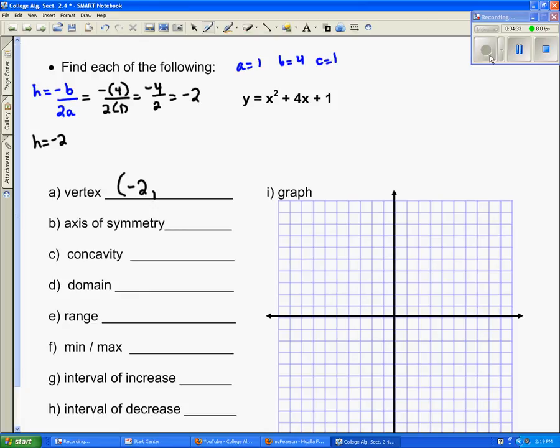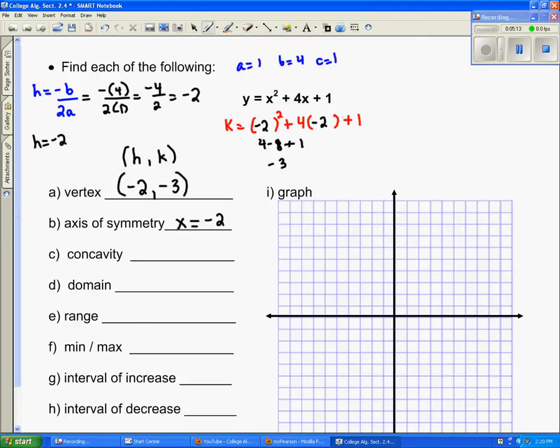And now I'm going to solve for my k. Everywhere there's an x in this, I put parentheses so that I can substitute my h value and solve. So negative 2 squared is 4. This is going to be minus 8 plus 1, which is going to be negative 3. So my k value is negative 3 because this represents my (h, k). So that's my vertex. So now my axis of symmetry is always x equals whatever the x value of your vertex is. So that's negative 2.